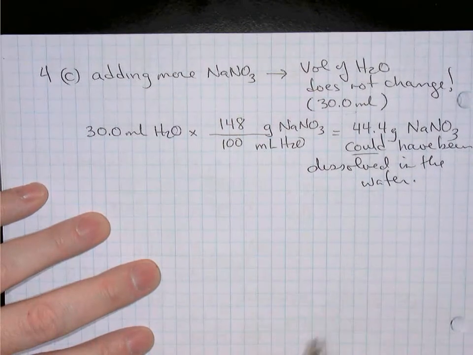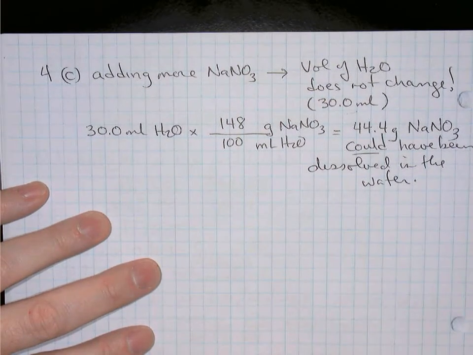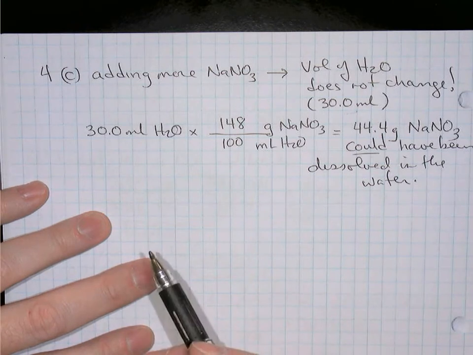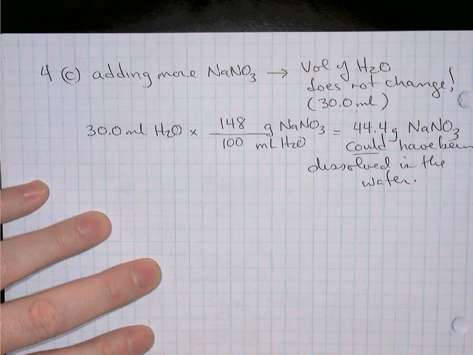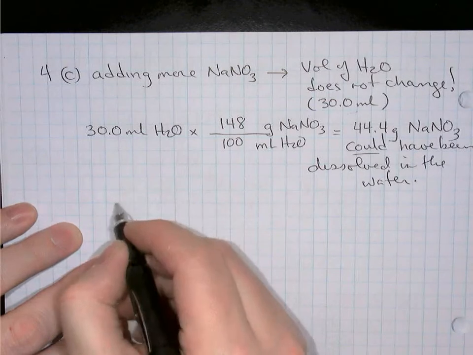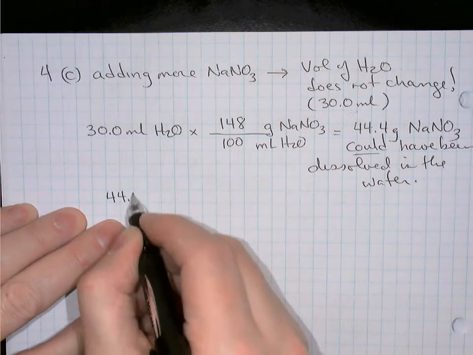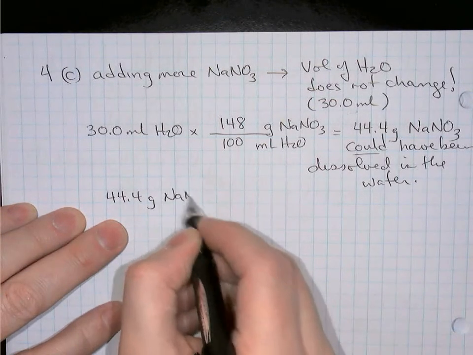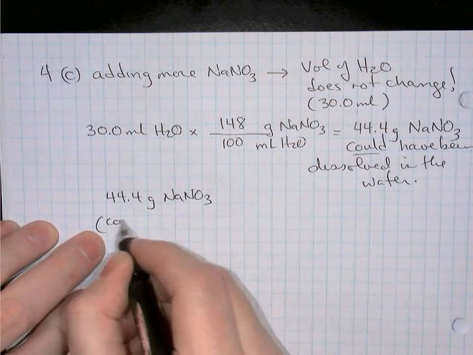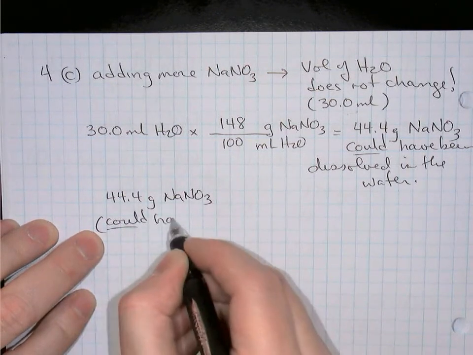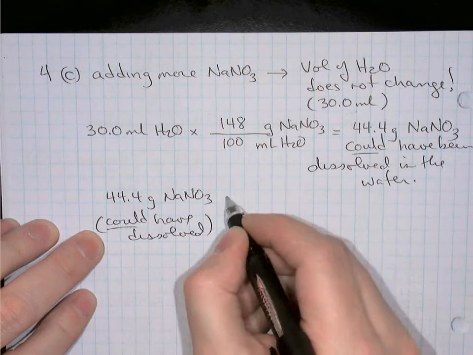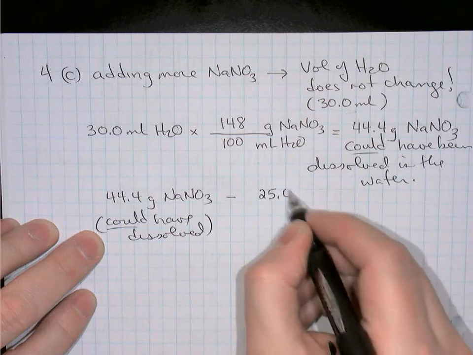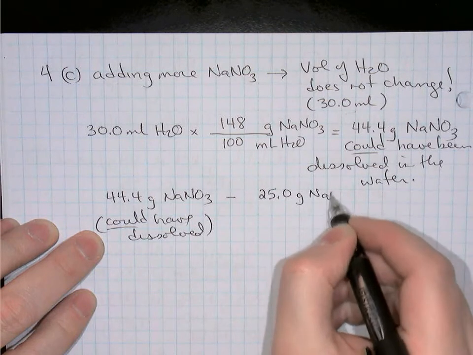But notice that's not how much we actually dissolved. We only dissolved 25 grams, but we could have dissolved 44.4 grams. So now we can easily calculate how much more we can dissolve. If we take the 44.4 grams of sodium nitrate, this is what could have dissolved, and we subtract 25.0 grams of sodium nitrate.